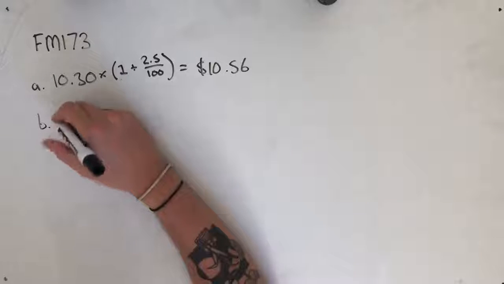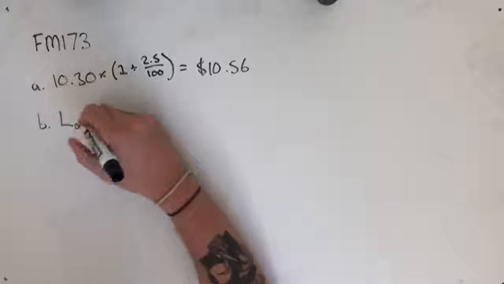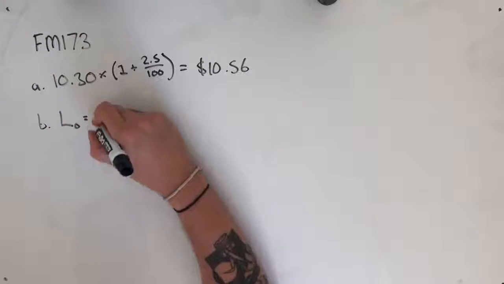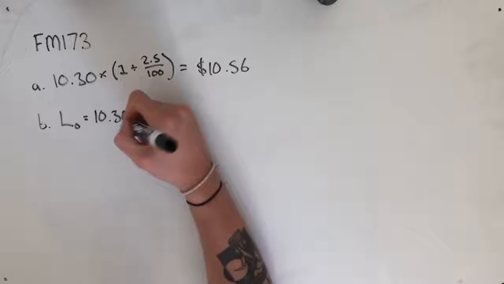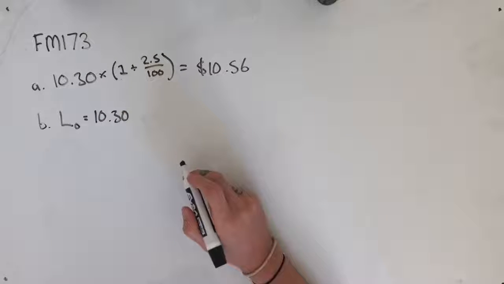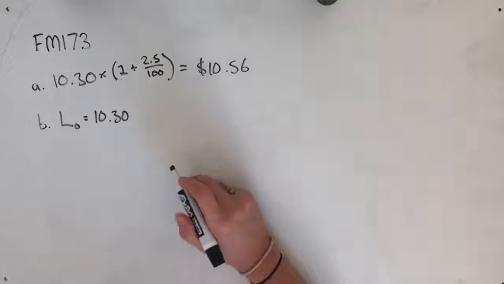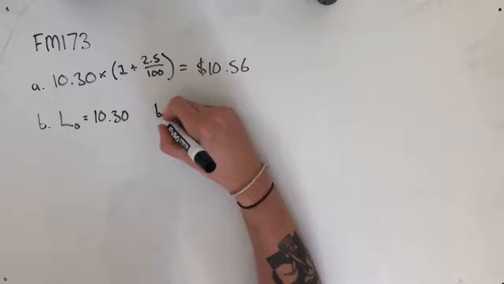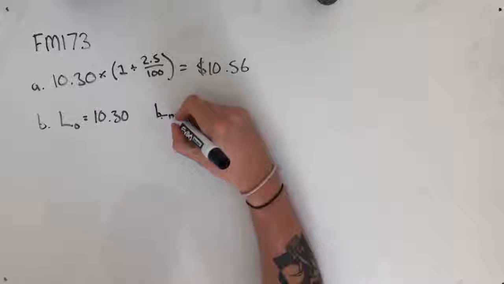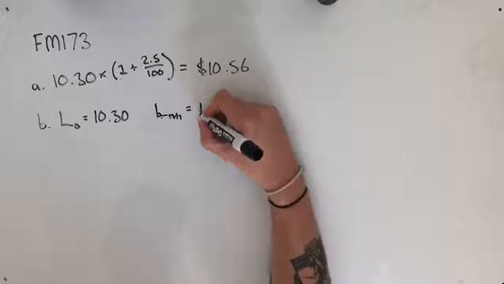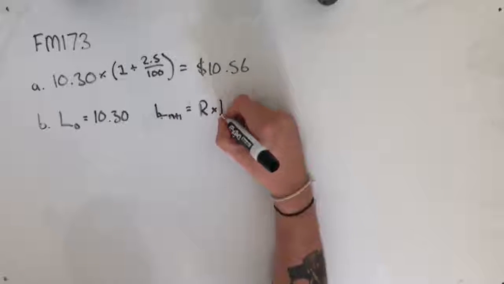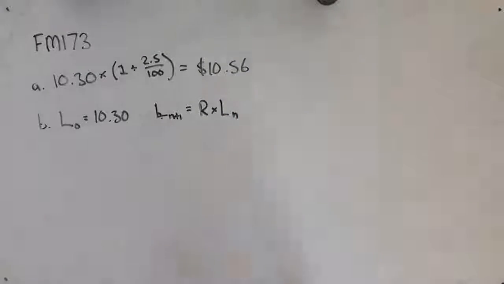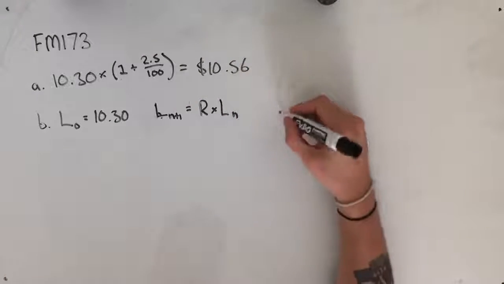So of course our L0 value is going to be 10.30, to model that $10.30 that we initially got for the late fee. And then as always, we're going to have Ln plus 1 equals some rate times Ln. So we're going to go through the calculation of that rate.